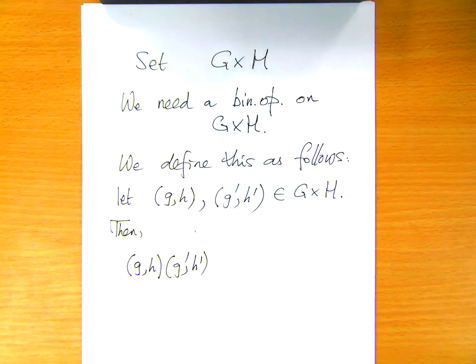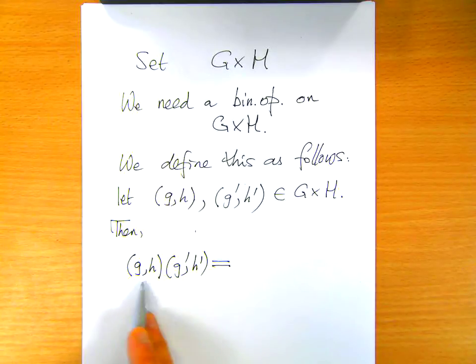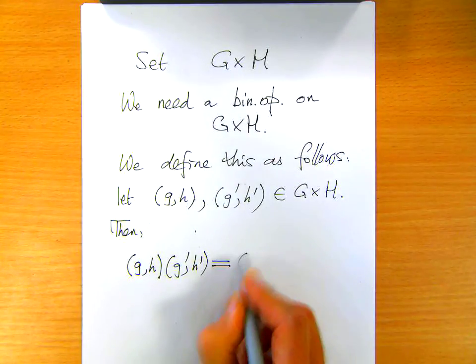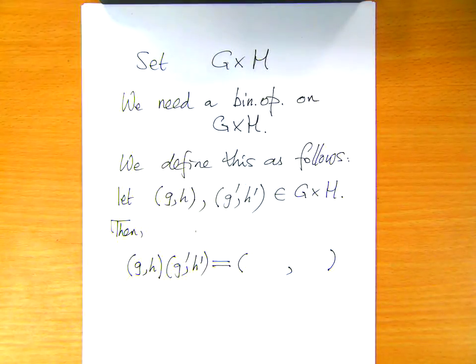It's going to be used to mean the binary operation on G and on H and on G cross H. So I want to define the product of these two ordered pairs. So that's got to be another ordered pair because it's got to live in G cross H again. So I've got to occupy the first slot and I've got to occupy the second slot.